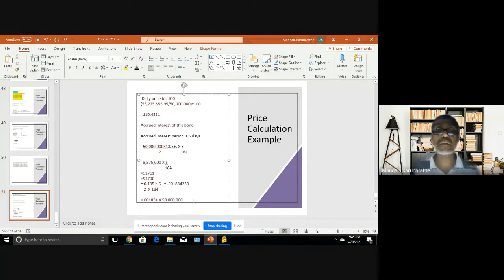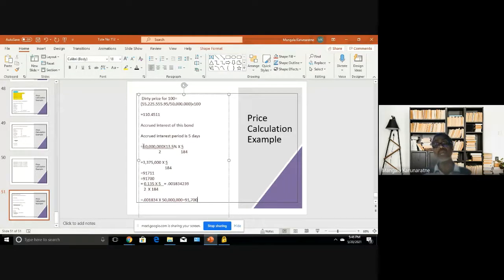So we will calculate it and see. 0.001834 into 50 million. The answer is 91,700. So both ways you can do it.